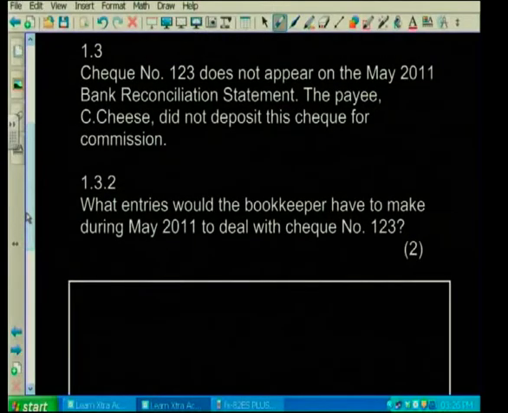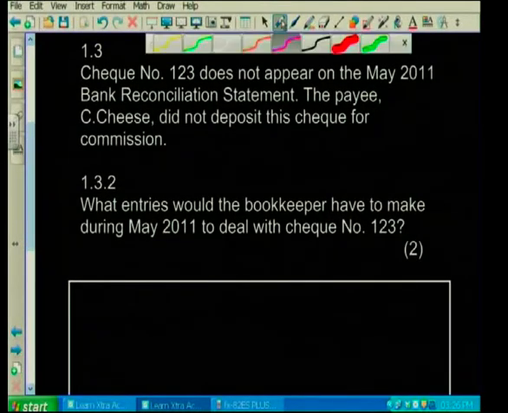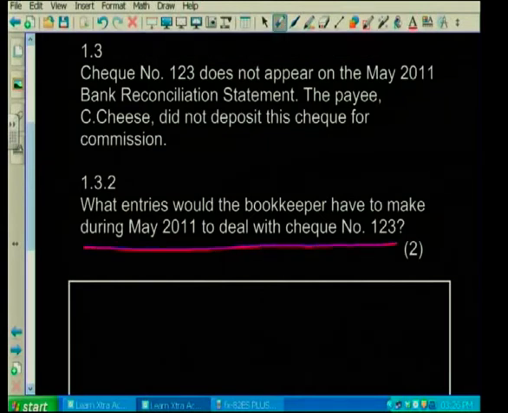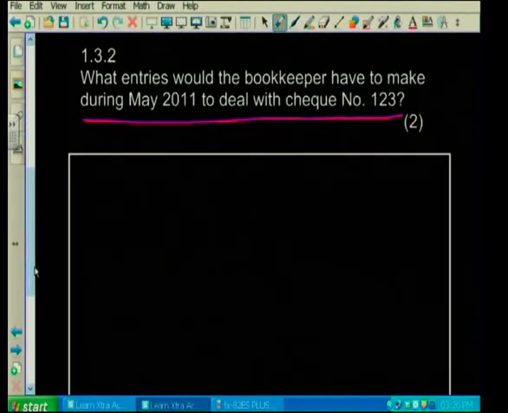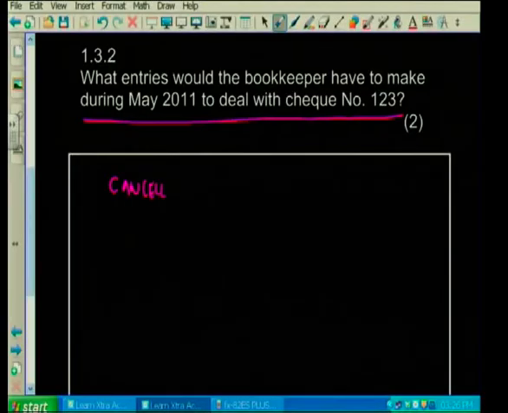What entries would the bookkeeper have to make during May to deal with this check? Yes, it is a stale check. So what are we going to do about it? Definitely, we must take some action. What's the action we're going to take? 1, cancel this check in your cash receipts journal.